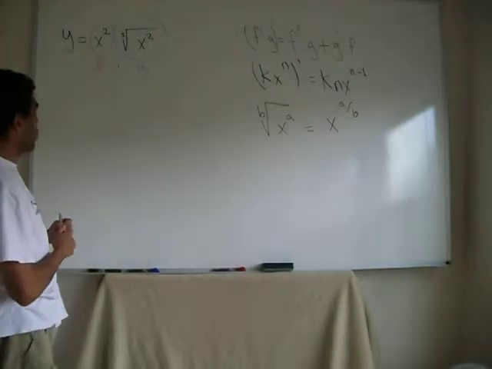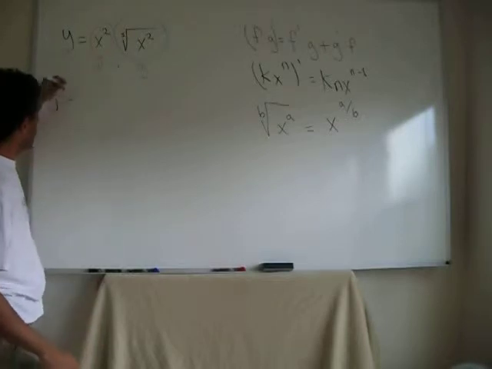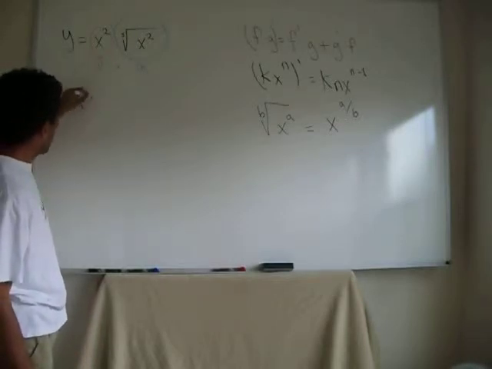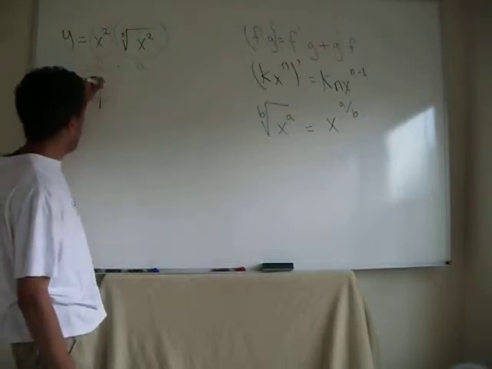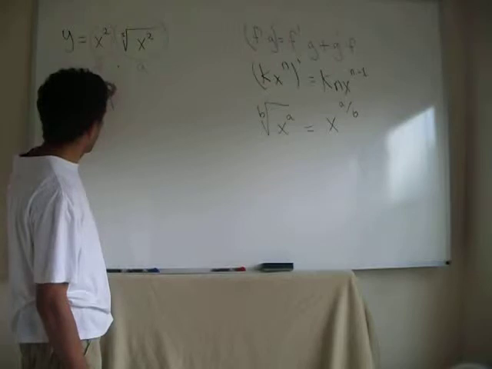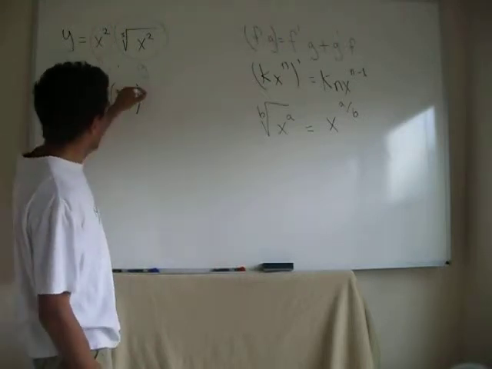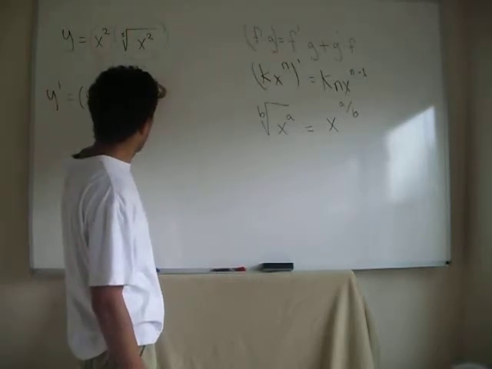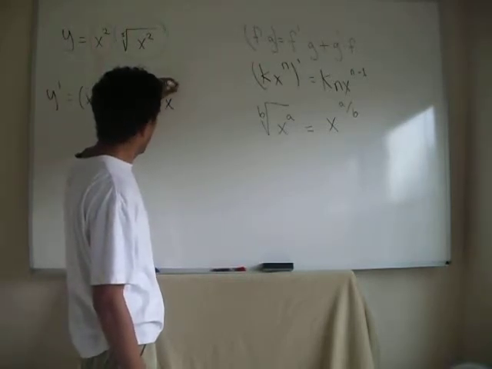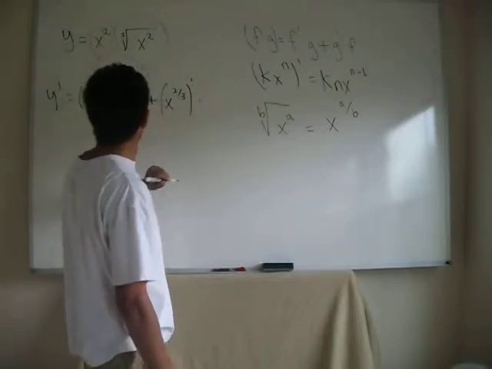Okay? So this we're going to use for this g function. So we have y prime. It's going to be equal to x squared prime times g, and I'm going to play a little bit with the expression just to make the exercise interactive. Plus g prime times f.